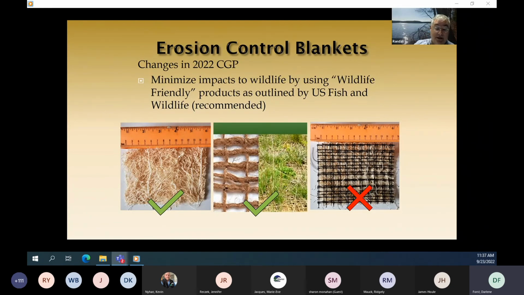There are some requirements that I'm hearing people are being asked for that, from an erosion control and stabilization point of view, don't really fit in. So it's a balancing act that we're going to have to work on together with the wildlife folks, and there's going to have to be some negotiations and compromises. We're not there yet. We're getting there. There's a lot of talk going on. This is kind of the hot topic right now in erosion and sediment control.